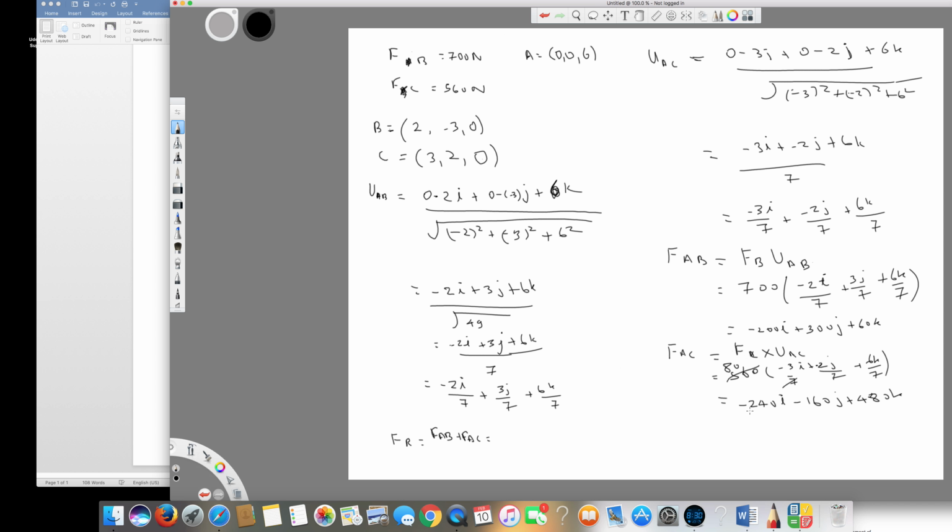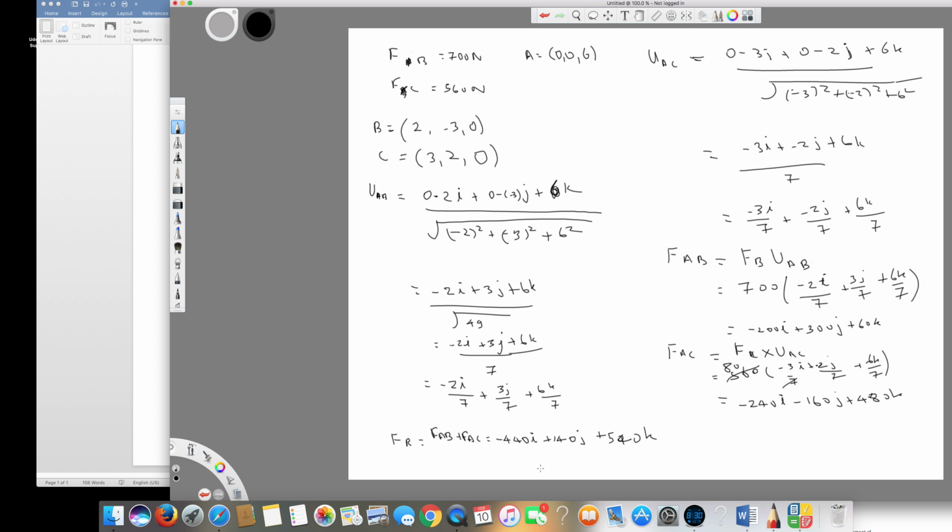So minus 200i plus minus 240, it's going to be minus 440i, and minus 160 plus 300 is going to be 140j, and 480 plus 60 is going to be 540k. So 540k, this is going to be my FAB plus FAC.